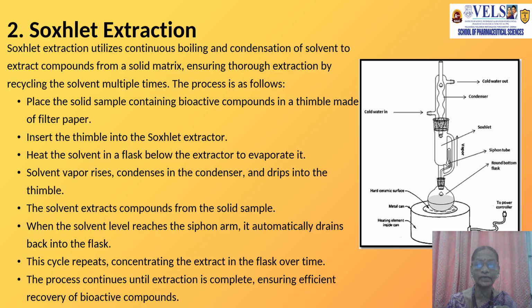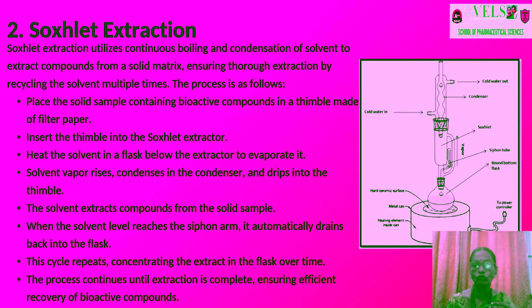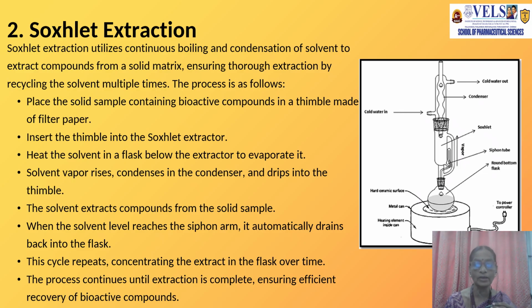This cycle is repeated until a concentrated extract is obtained. This process continues until the extraction is completed, which is ensured by doing a chemical test, ensuring efficient recovery of the bioactive compounds.